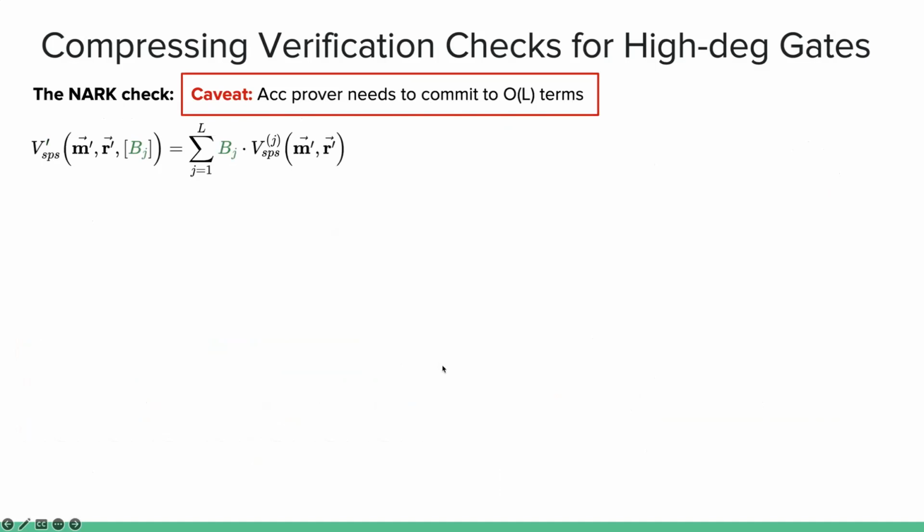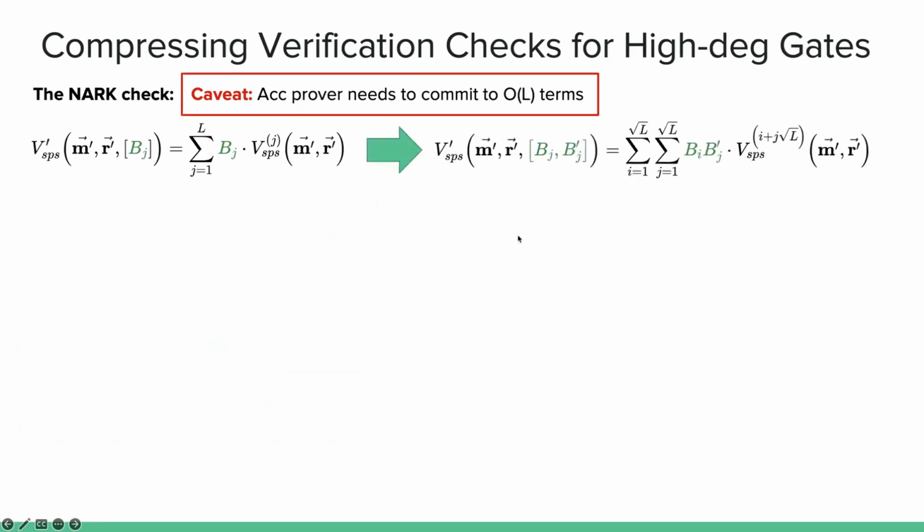The idea is that instead of representing a power of beta as a single variable, a single message, we can represent it as a product of two variables. For example, for every power of beta, that's beta to the i plus j square root L, we can represent it as a product of b_i and b'_j, where b'_j is just beta to the j square root L. Now the degree doesn't increase much.